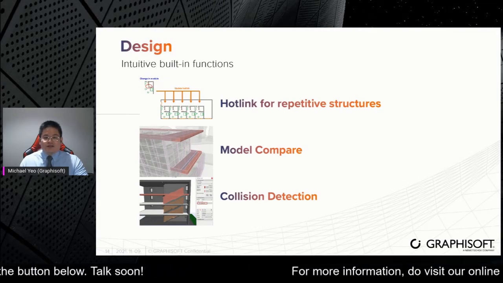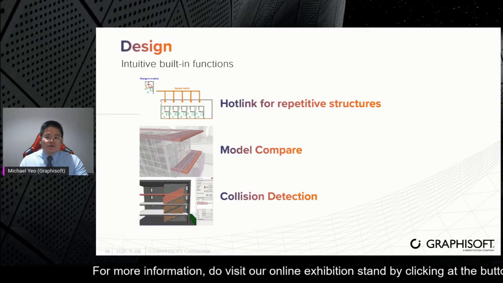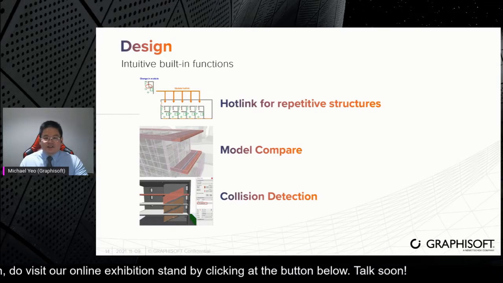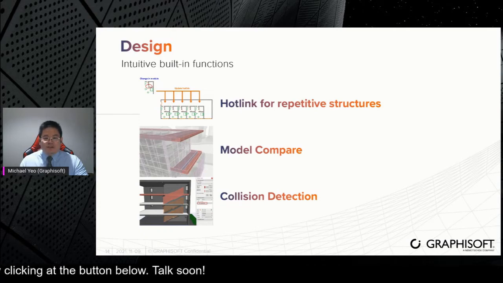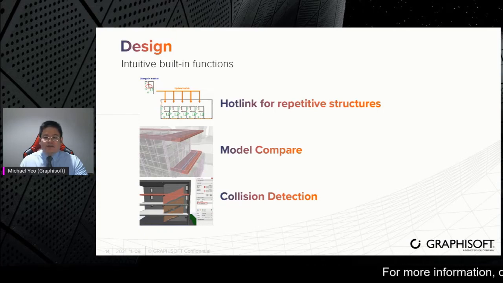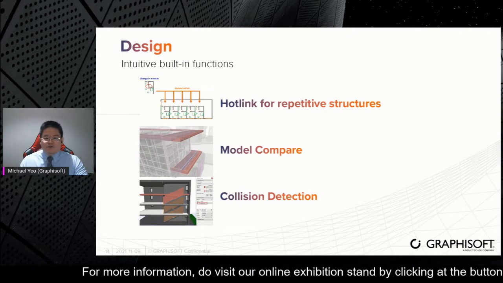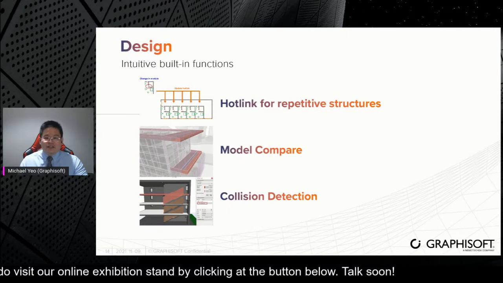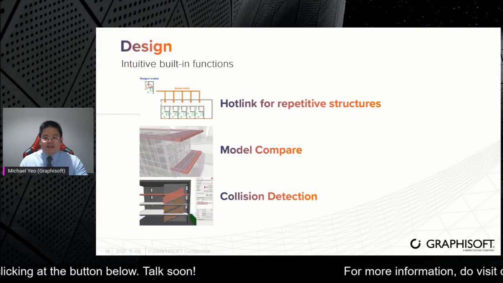Model compare is useful when you're deciding whether to remove or modify certain elements. With these features, it supplements you with visual comparison, which helps everyone in the team to get a clearer picture. Collision detection zooms your focus towards intersected elements, where you can have your team discuss the rectification in a timely manner.